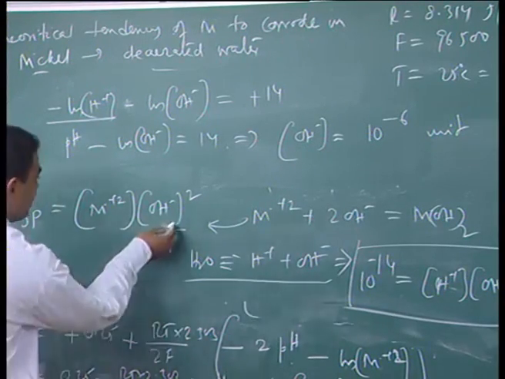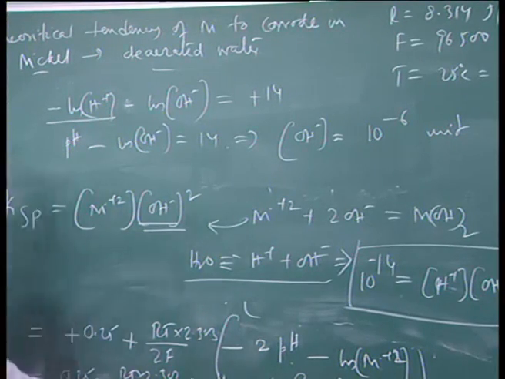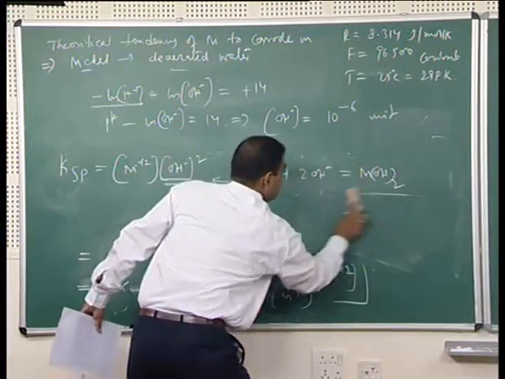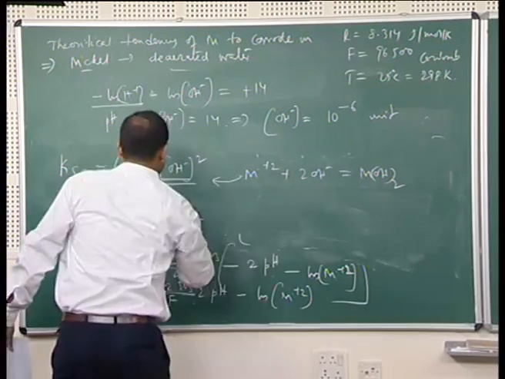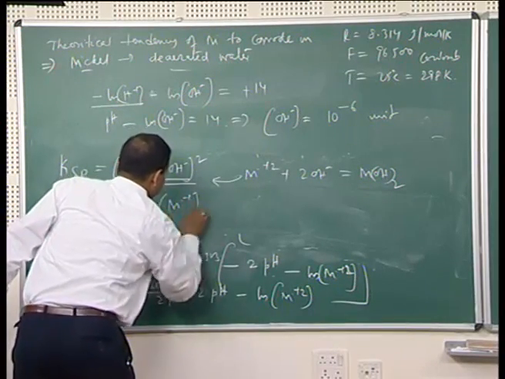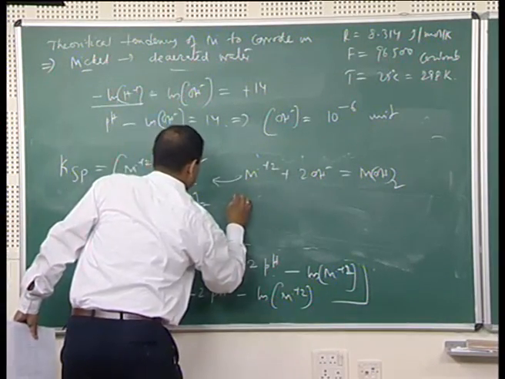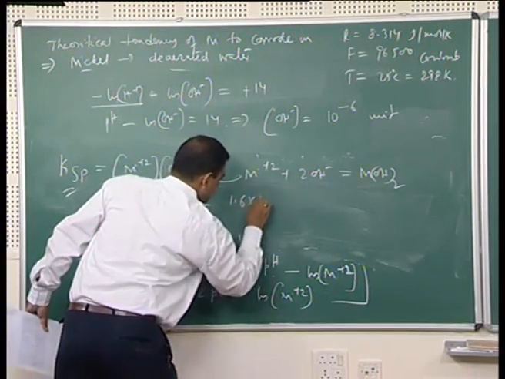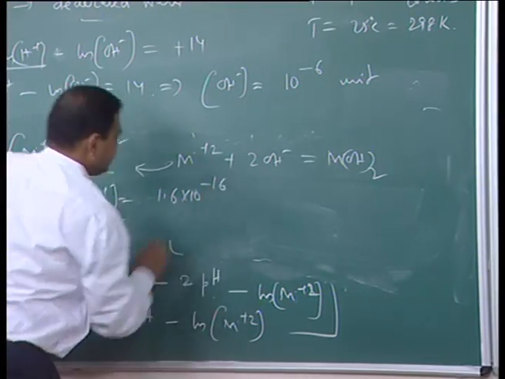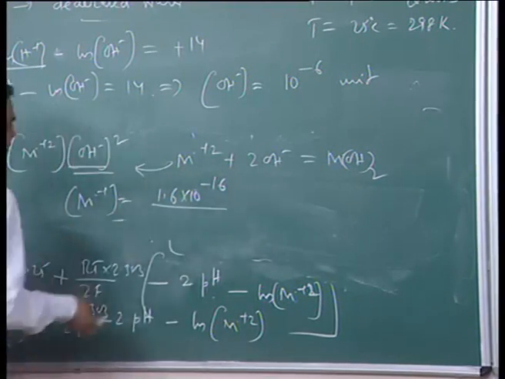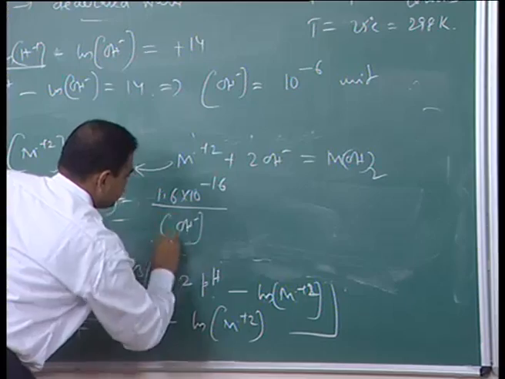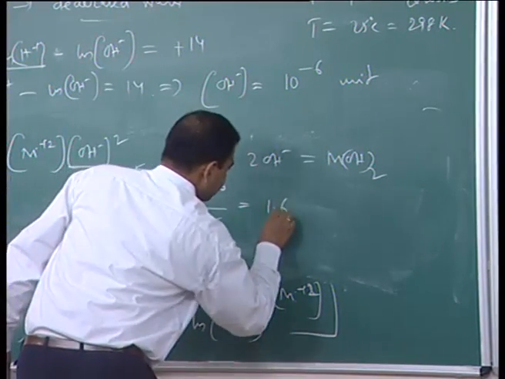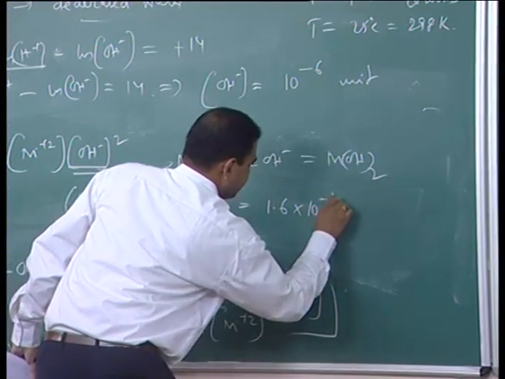Now this is my OH minus concentration, so let me put it here. The nickel ion concentration would be equal to Ksp, which is 1.6 into 10 to the power minus 16, divided by OH minus whole squared, which equals 1.6 into 10 to the power minus 4.